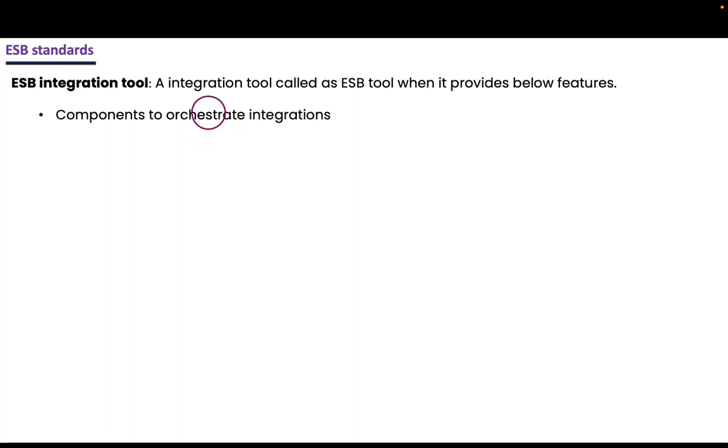And the ESB tool should also provide a way to do the transformations, because as we know, the process of making data transfer between multiple applications is known as integrations. When we are sending our data to another target system, we don't know whether the target system always follows the same data formats.